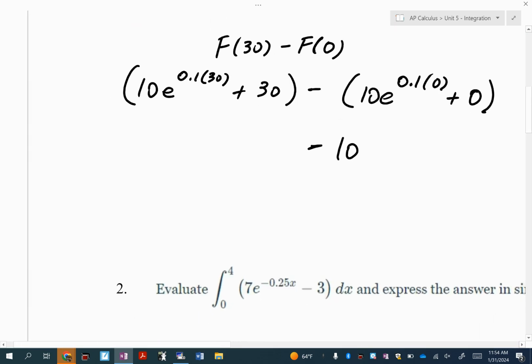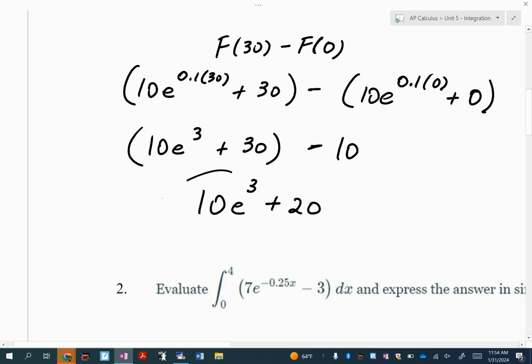All right, so this is going to be 10 times e. What's 30 times 0.1? It's 3. Okay, and then I only have 2 like terms there. What's 30 minus 10? 20. So my answer is 10 times e cubed plus 20.